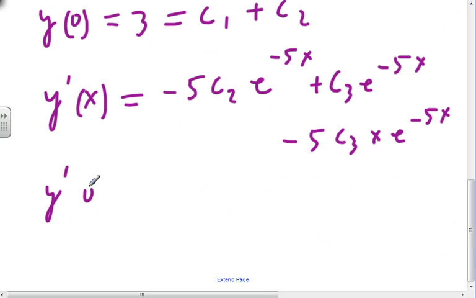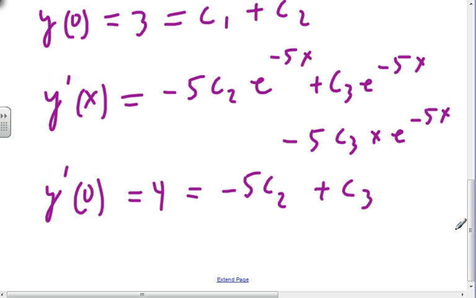Y prime at 0 is 4, which is going to be minus 5c2 plus c3. Okay.